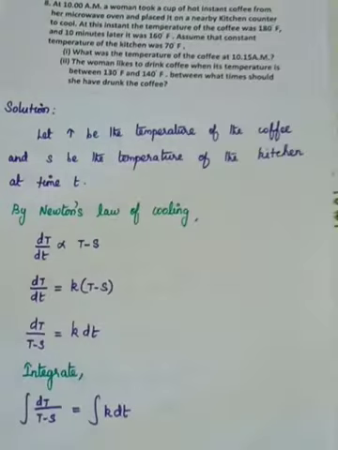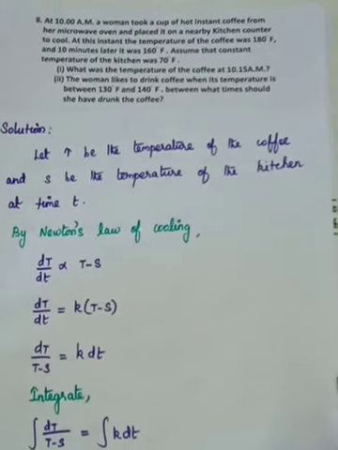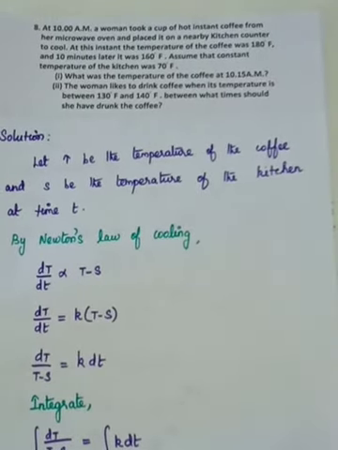We are moving to problem number 8. You see that at 10 a.m. a woman took a cup of hot instant coffee from her microwave oven and placed it on a nearby kitchen counter to cool.